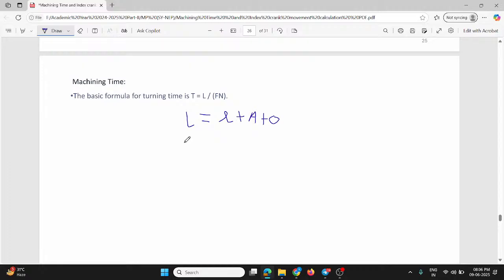Then you know how to calculate the cutting speed, V. Cutting speed equals pi D N divided by 1000. D is the diameter of the workpiece in the case of a lathe machine, and N is the RPM.